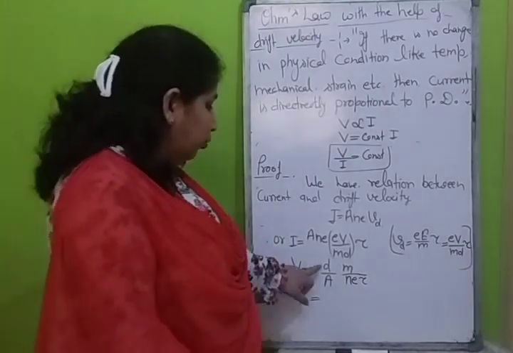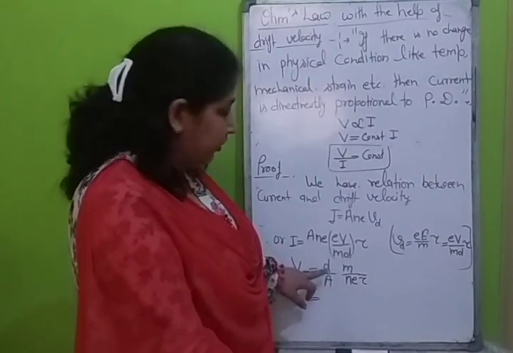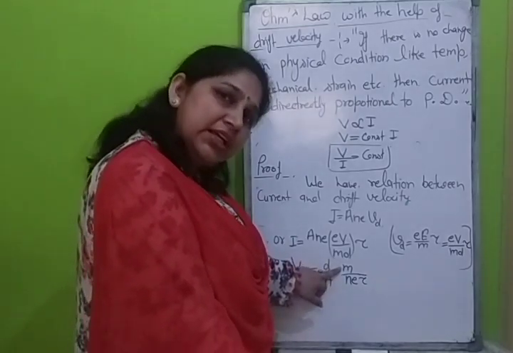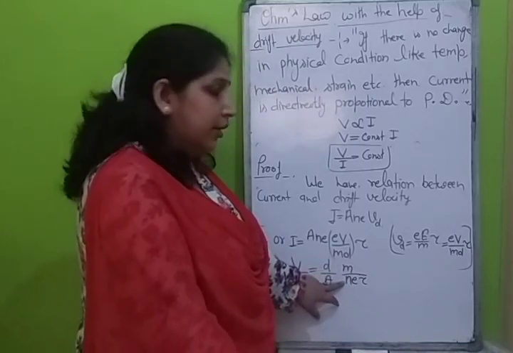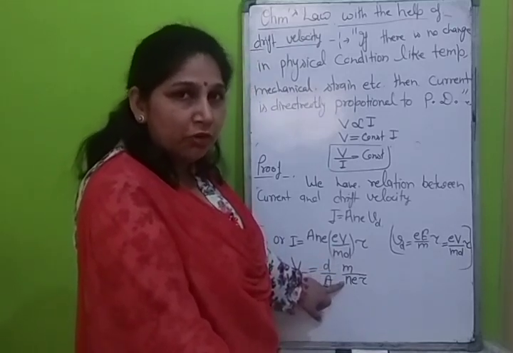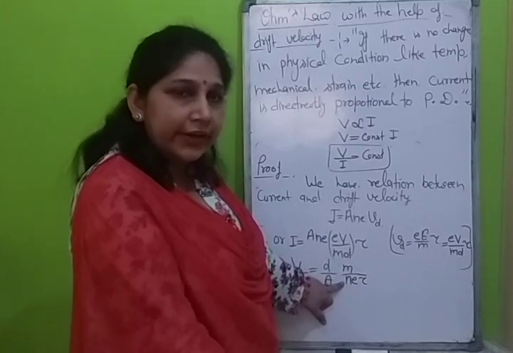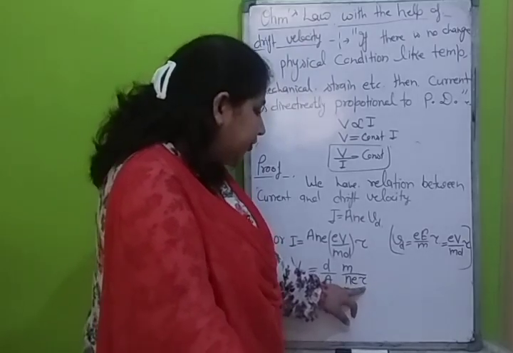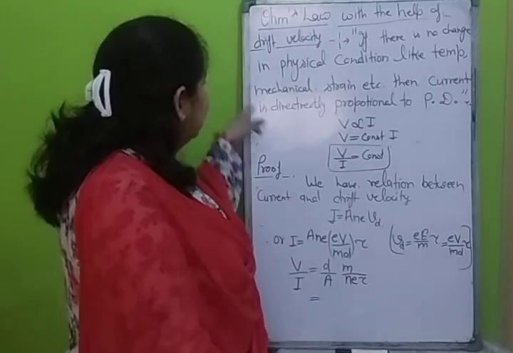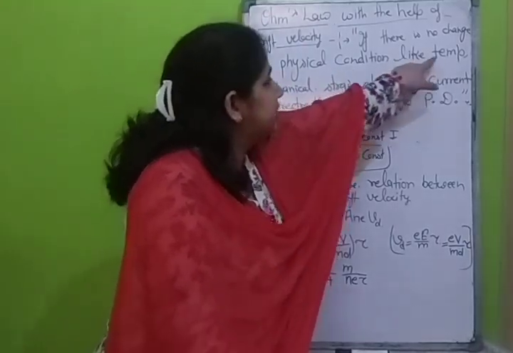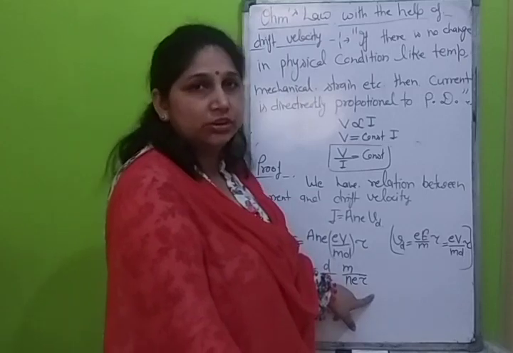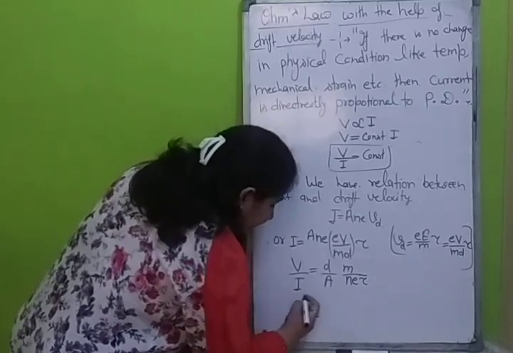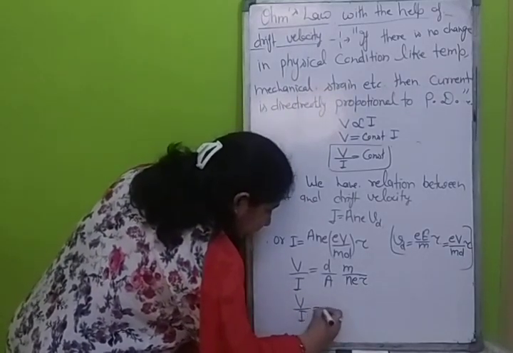For a particular conductor, d is constant, cross section area A is constant, m mass of electron remains constant at every time, and number of electrons per unit volume is constant. Small e charge is constant, and tau for a particular conductor, when the physical conditions and temperature do not change, will not change. Got it?